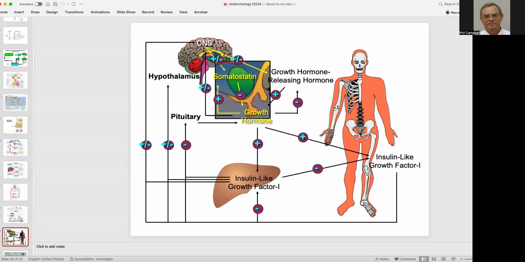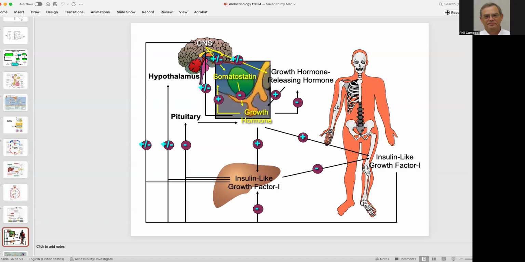And the clinical trials have never shown that to be significant. Where things have gotten problematic is if you use either growth hormone or IGF-1 for sports enhancement. This has been used and it continues to be used today.